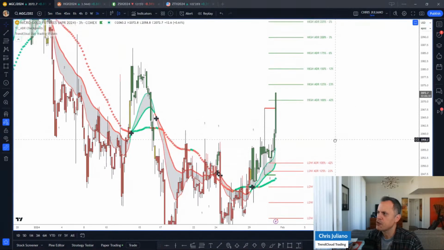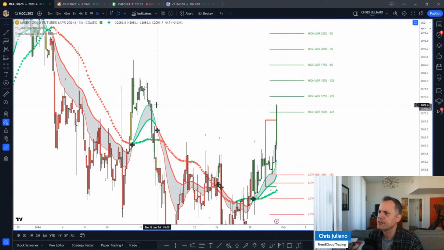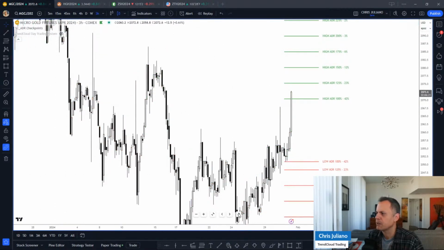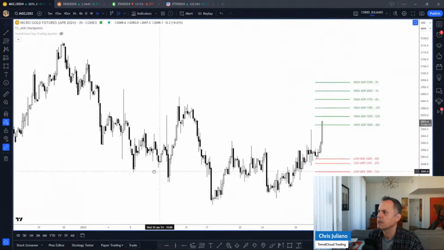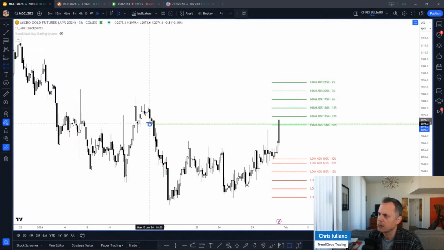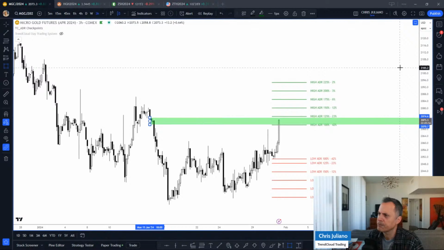So on this 3-hour chart, if we look left, we broke through all of this and this. We did break structure here. We did break structure here, right? Drop base drop, 3-hour chart, drop base drop, make that red.